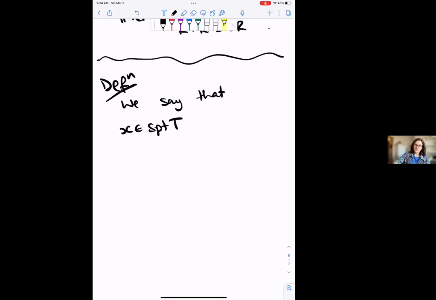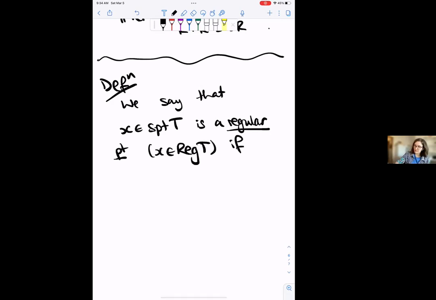We say that a point X in the support of T is a regular point if X is in the support of T outside the boundary.